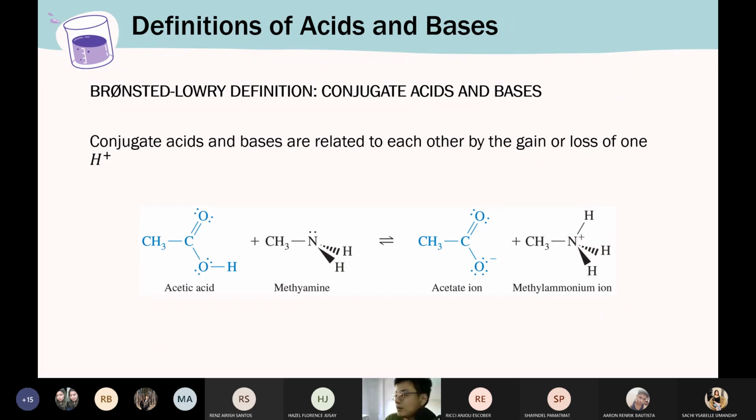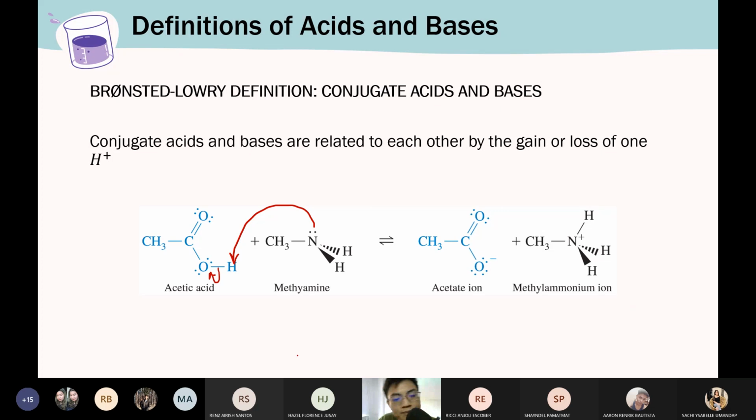We have another example here. Okay? So, we have acetic acid, CH3COOH, and when you react it with methylamine, it produces acetate ion and methylammonium ion. Okay? So, if we draw the mechanism, organic chemistry, the lone pair of nitrogen will be used to abstract the hydronium ion.